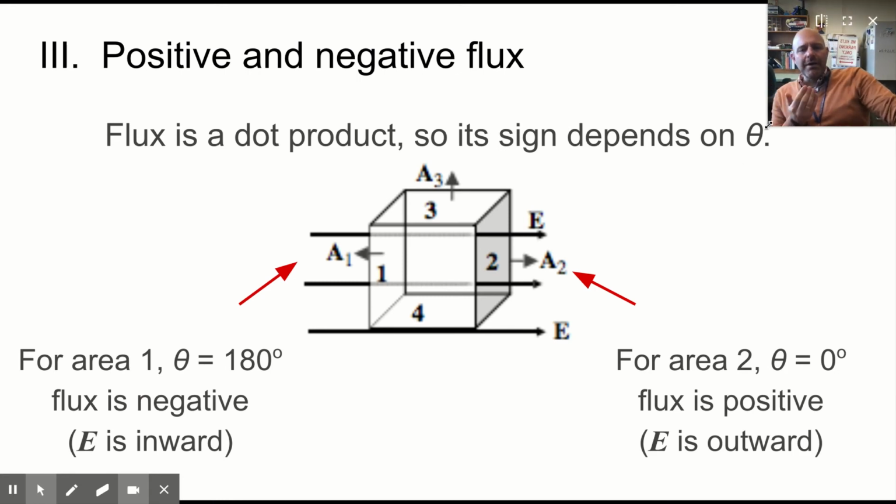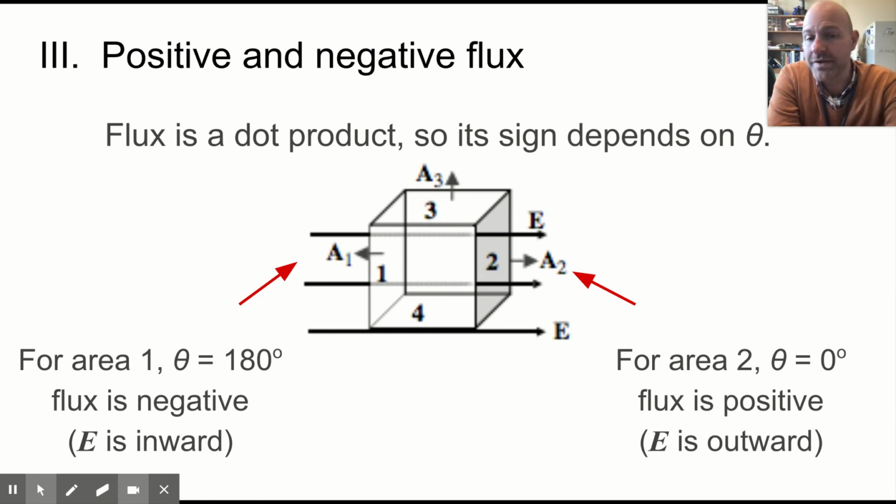Now, when we're talking about flux, positive and negative flux depends on whether the electric field lines are going into or out of. And so here we have some electric field lines going across the screen, and we have a cube. Now, a cube has an area vector in every single dimension, positive, negative, x, y, and z. And so depending on where the electric field is going relative to these area vectors, we get different amounts of flux or different signs of flux.